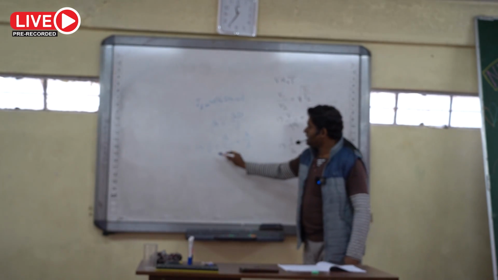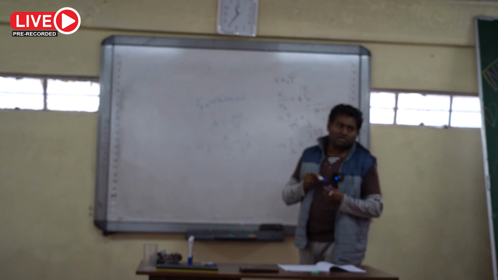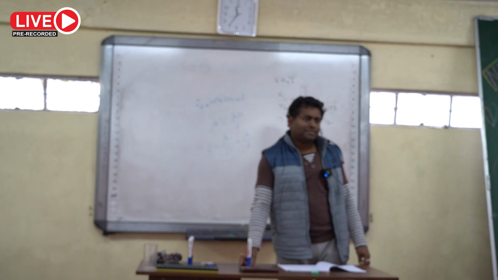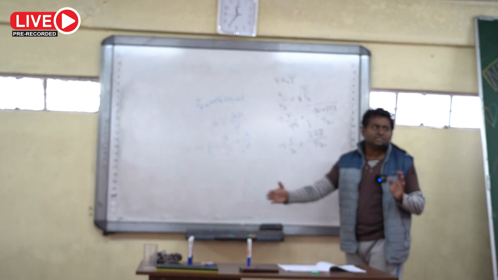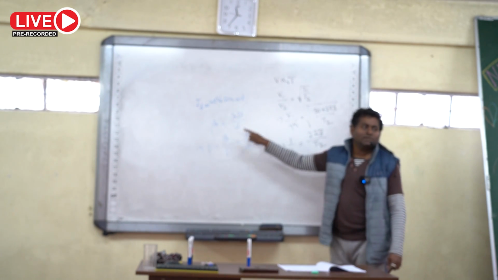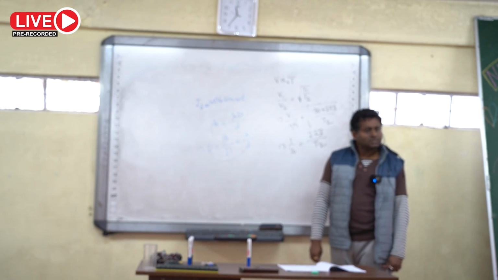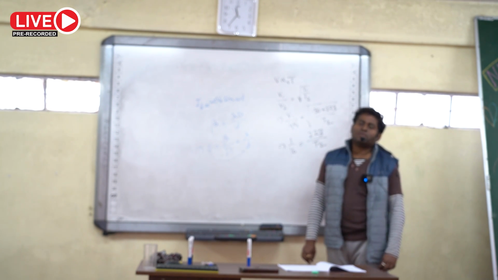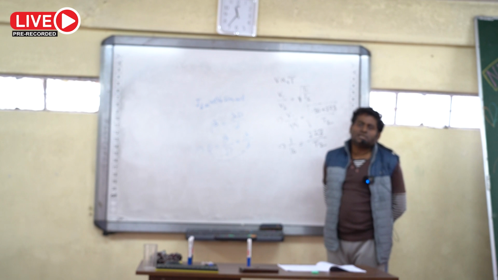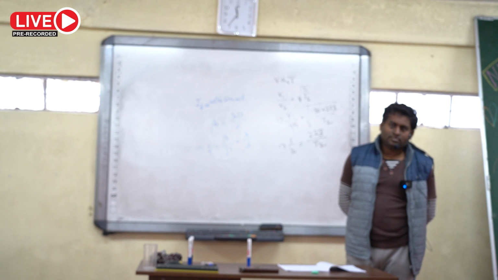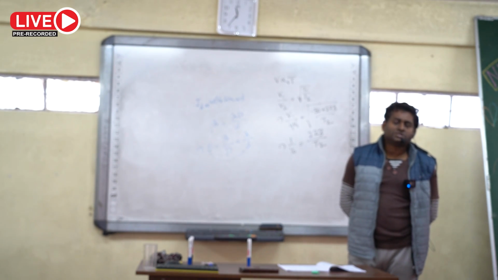So even if you change D, that is the screen is moving away, means D is increasing, but this lambda by d will remain constant. So angular separation will remain same. So first option of statement 1 is correct.